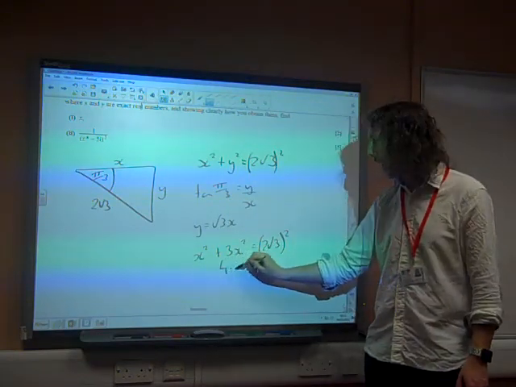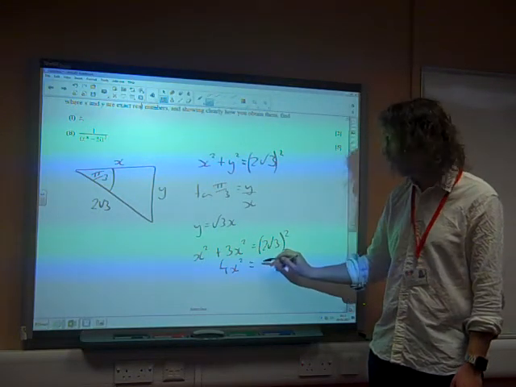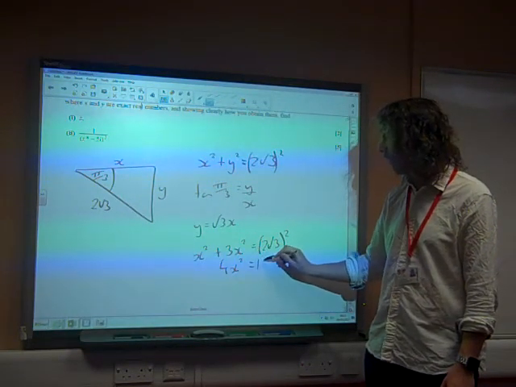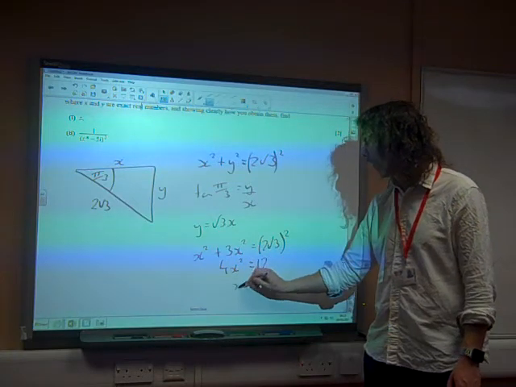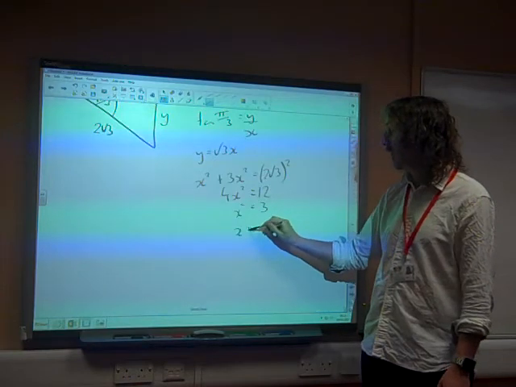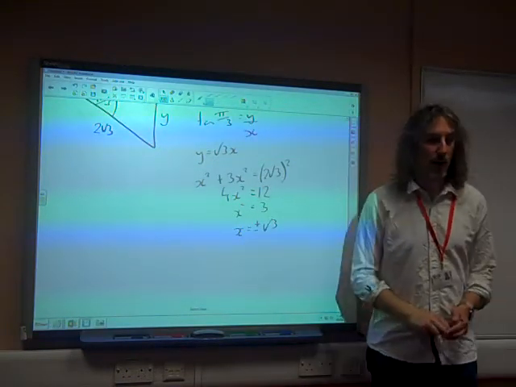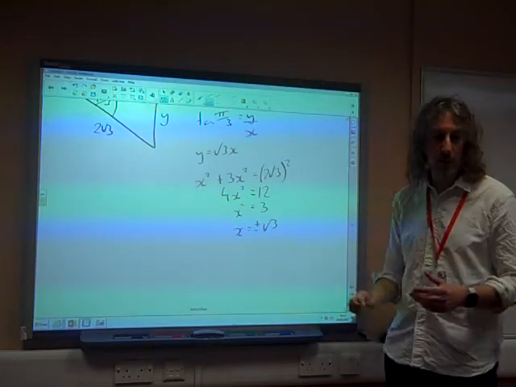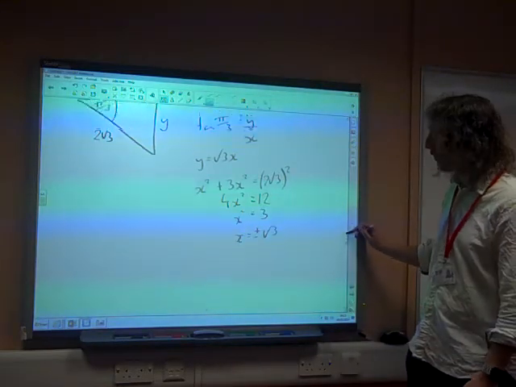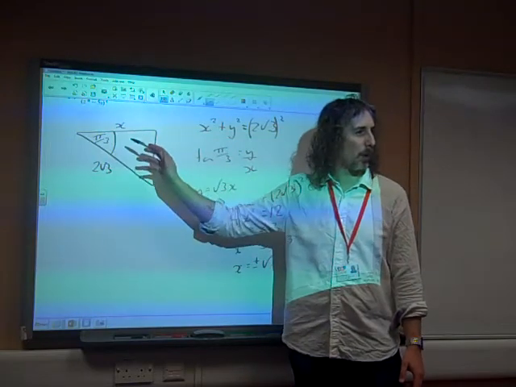So we get 4x squared is 12, because 2 root 3 squared would be 12. X squared is 3, so x is plus or minus root 3. Except we know that because this is minus pi by 3, that x must be a positive number.